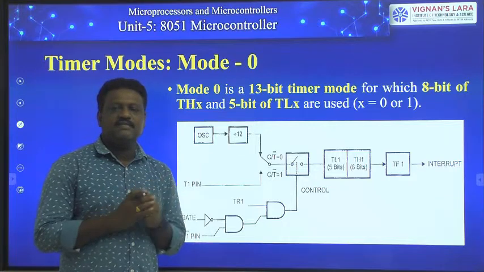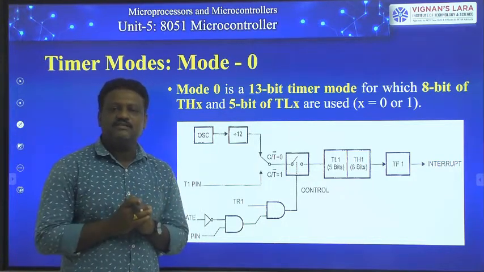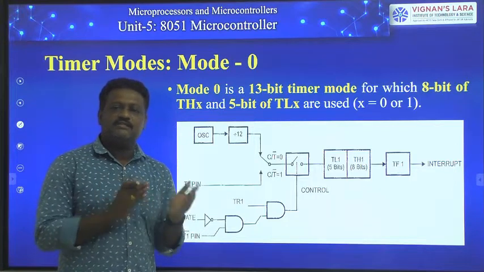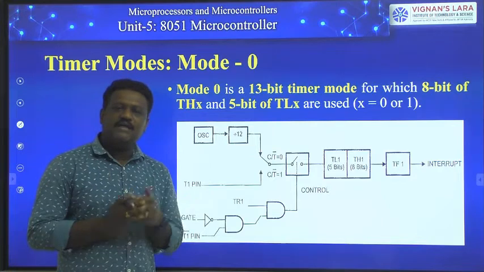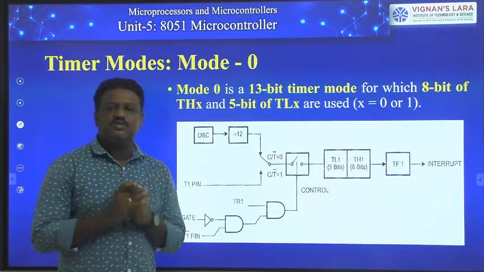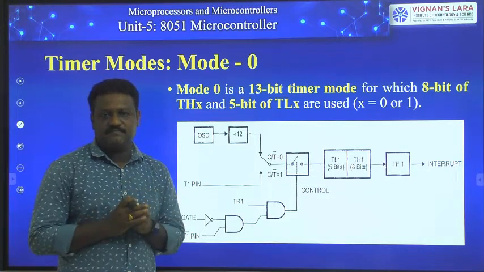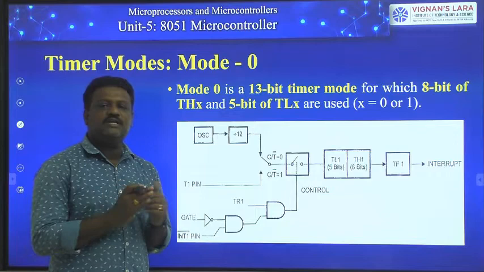That is what we discussed in the last class: the bit format of the TCON register, in which cases the bits are set to 1 and in which cases they become 0, and which are the control bits and which are the status bits. After that we discussed the timer mode selection register TMOD.